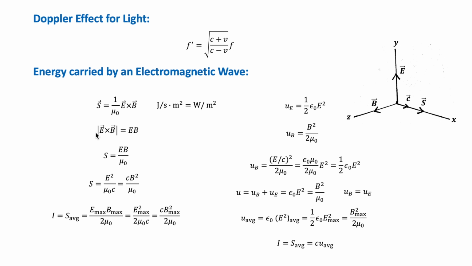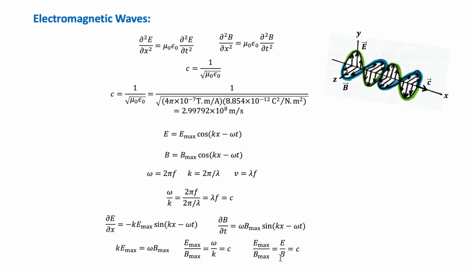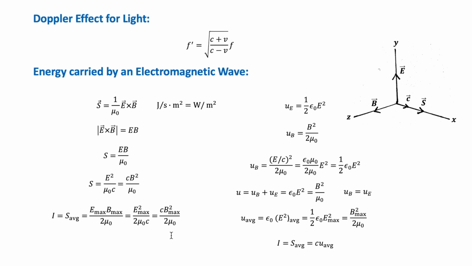So the magnitude of the Poynting vector is equal to EB over mu naught, and if we substitute for E or B using the relation E over B is equal to c, this one here, we get this expression, okay?